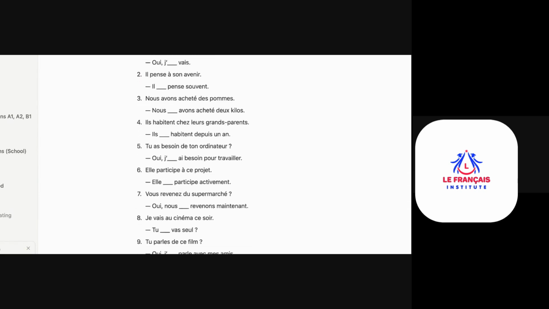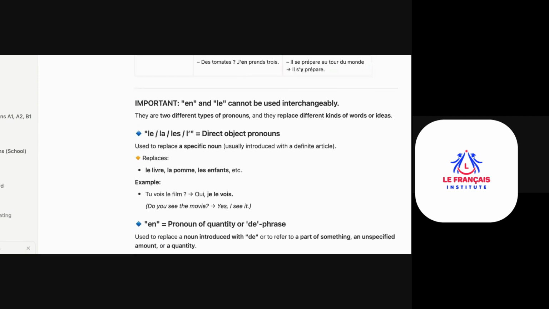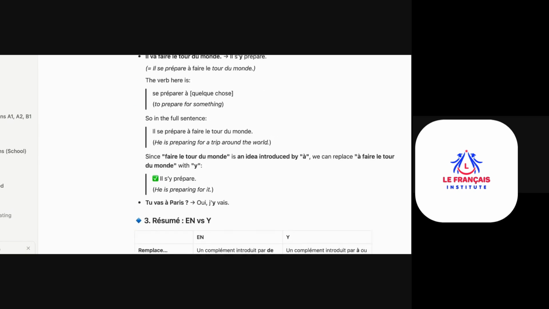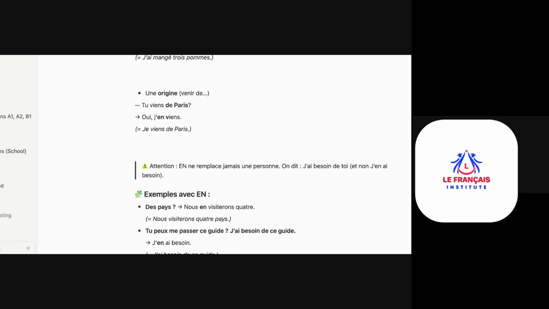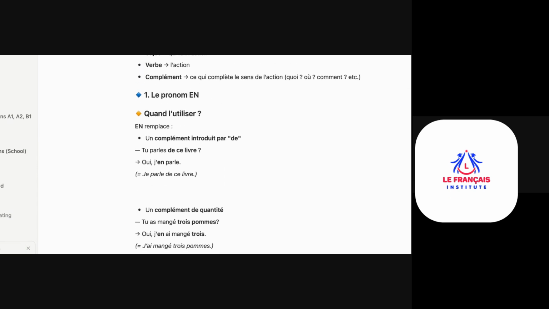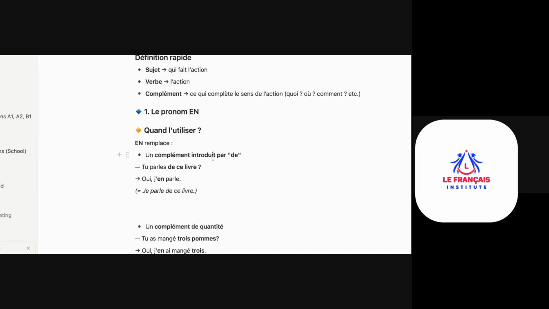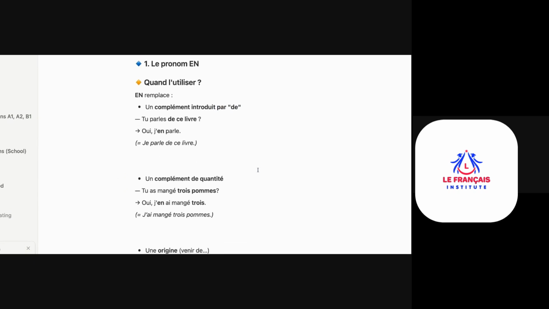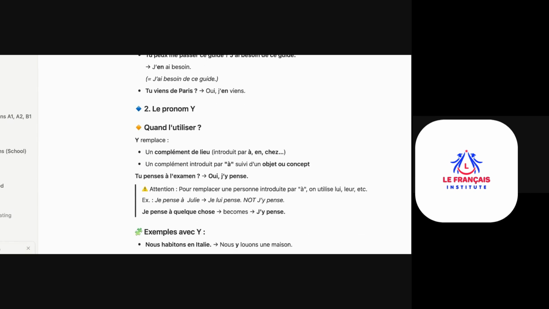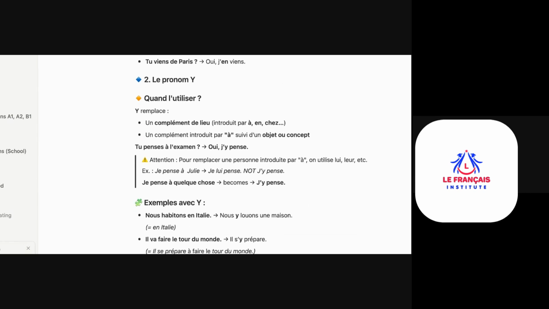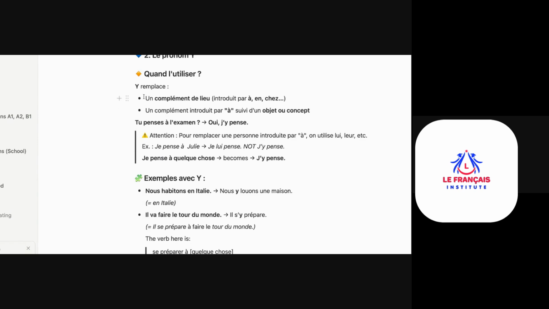But one question: for y, we replace whatever complements are introduced through à, and en, and which was there one more? For en, it's de. For y, it's à. These are separate cases, independent of each other.